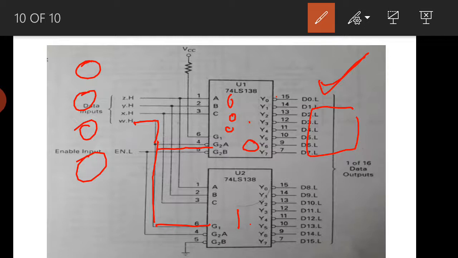For that, the enable signal should be proper. G1 is already connected to VCC, that is 1, in the first IC, and G2 is connected to the fourth input, which is 0.